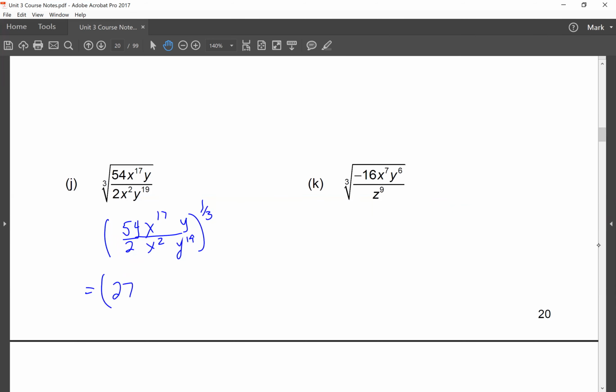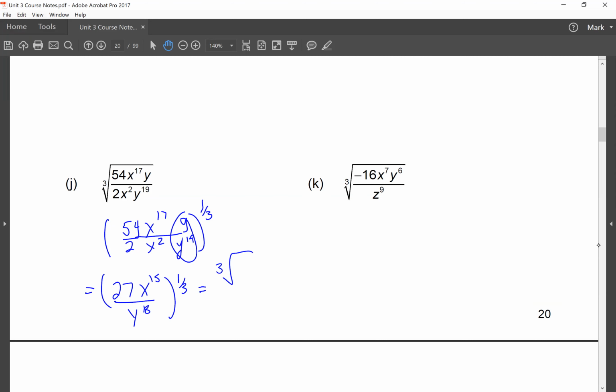Now, what else do we have? x17 over x to the 2, so that's x15. And here what you would actually get is this would be over y18. So now I can do the properties of radicals.